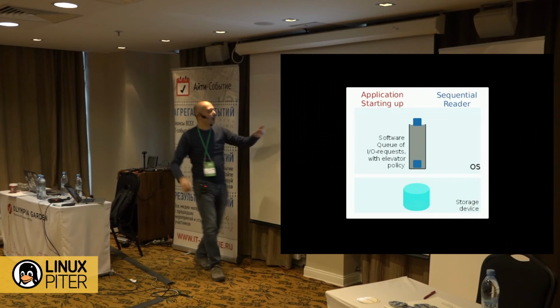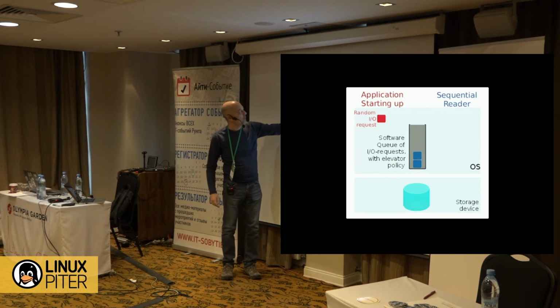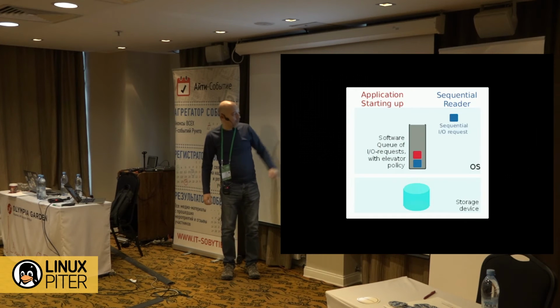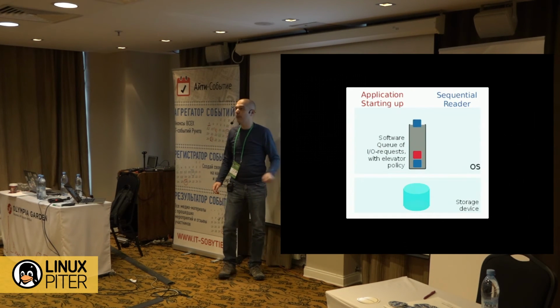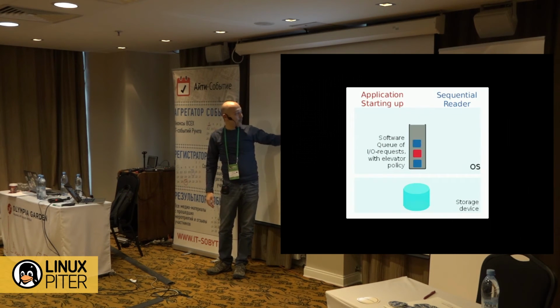But okay, so these are the sequential requests, and then the requests of our application start. And these are, of course, mostly random. So okay, this is the order, then one request is served, but when the other one arrives, it cuts in front of the random request, because it is sequential, and we have an elevator policy here.